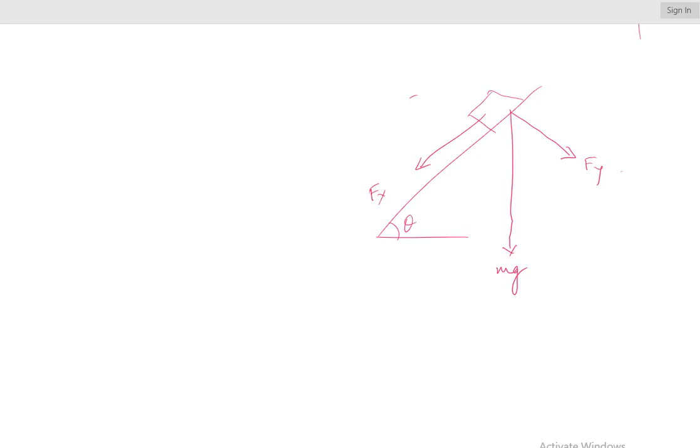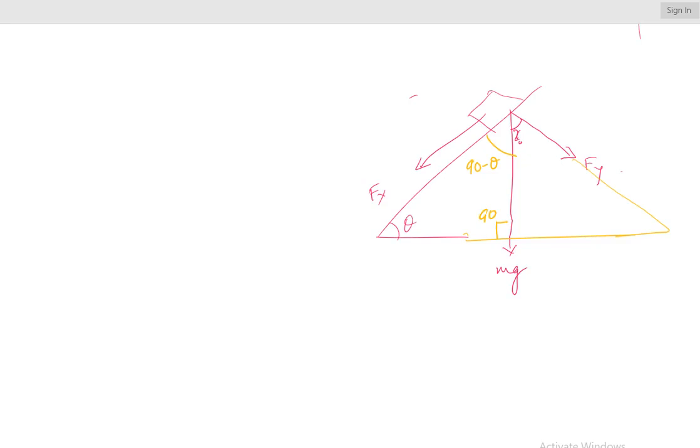Okay, so basically we need to find this angle. What's that angle? If I were to complete this triangle, this is theta, this is 90, this is 90 minus theta, because the sum of all of these is 180.